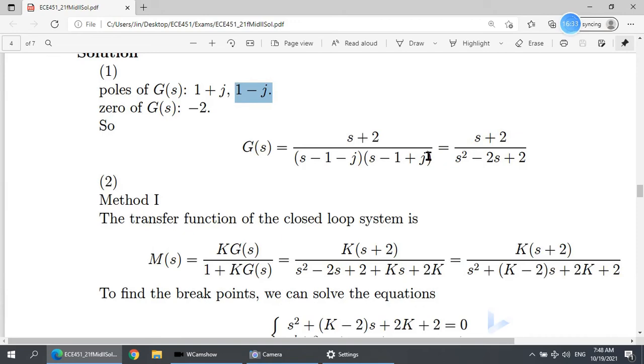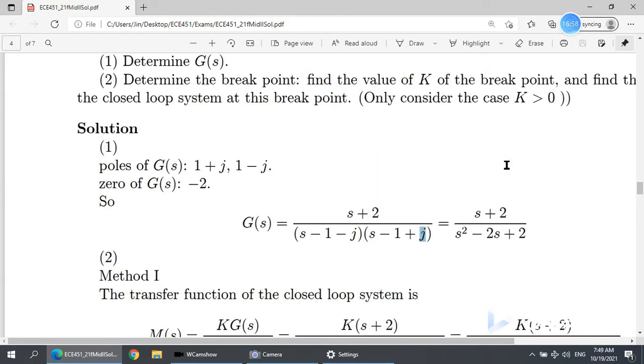I didn't give the process to find this result. That's your work, right? You need to do calculation. Yeah, you need to be careful because we have j here. The final result will be this. Okay. Yeah, it's some calculation related with complex numbers. Yeah. So we have this one. This is g of s.